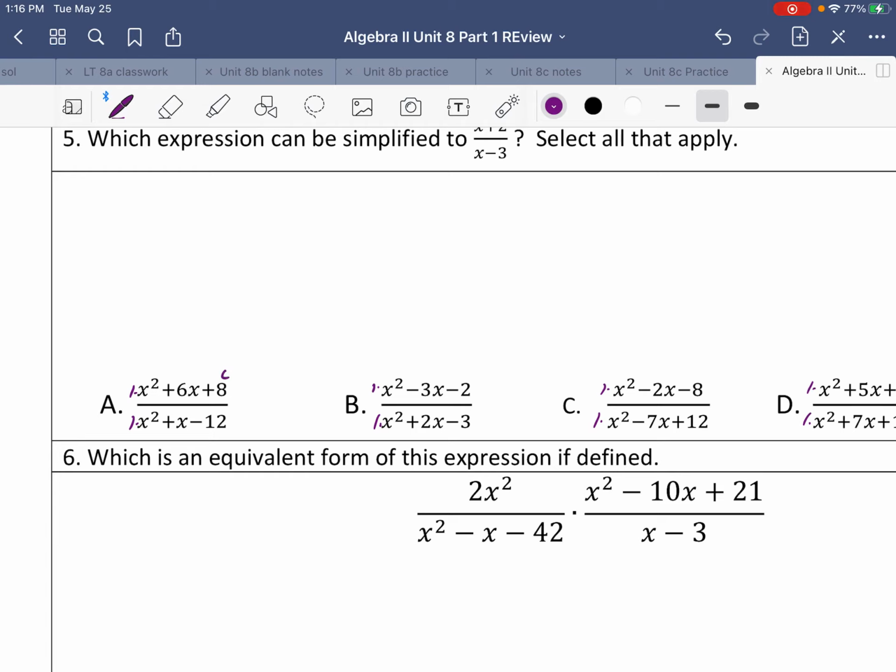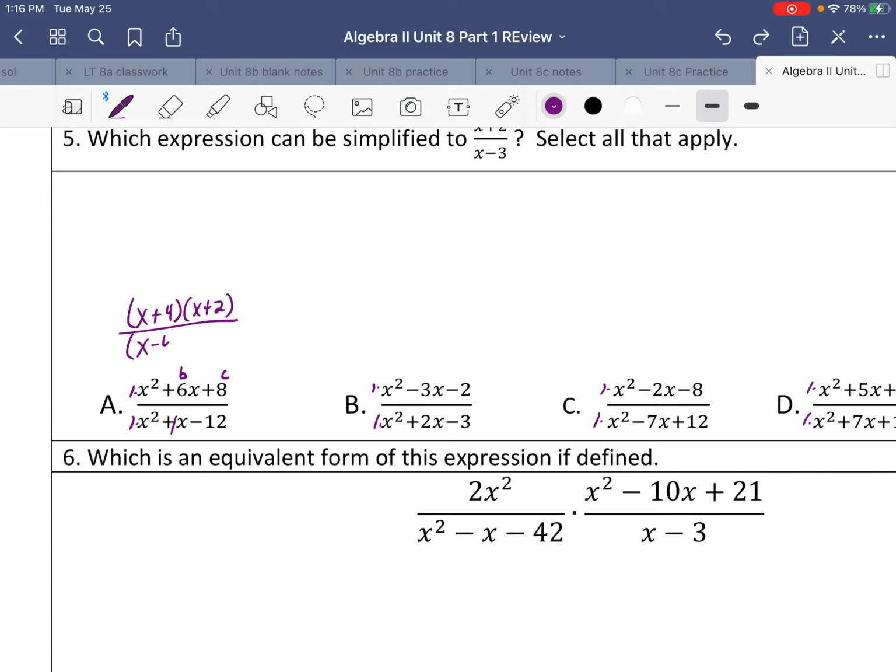So what two numbers multiply to 8 that add up to 6? And in the denominator, what two things multiply to negative 12 that add up to 1? Oh, positive 1.